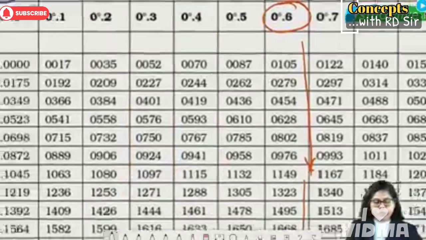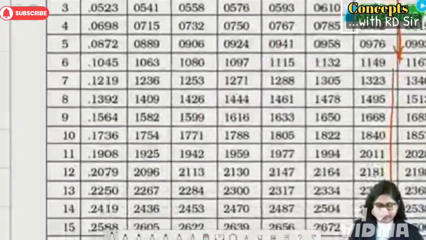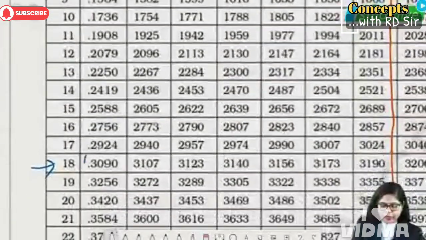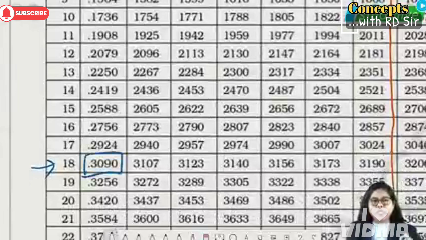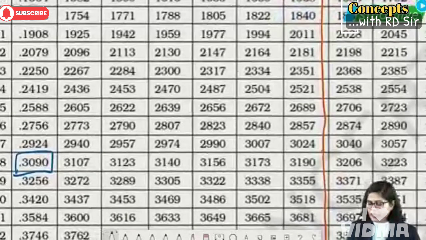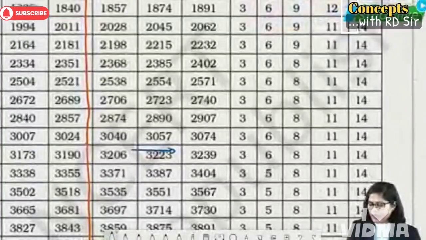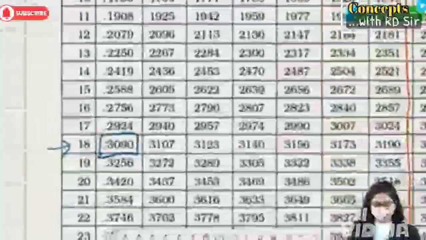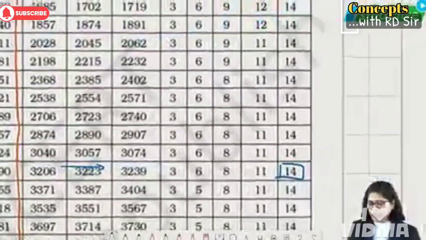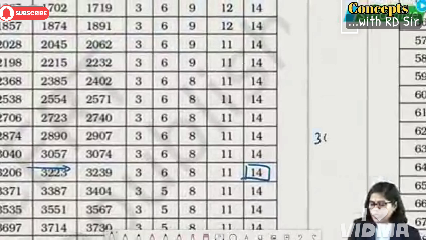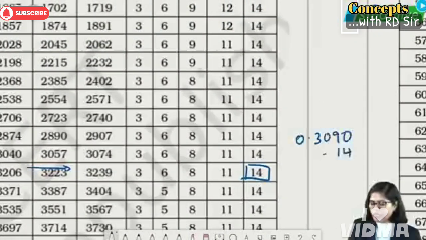So for 0 minutes students, just see the table part, 0 minutes, this is the number, that is 0.3090. So I am going to add, in this column I am going here, okay, 14. So I am going to add 14 to that. To what number? 3090 and 14. So 3090, 0 point, equal, and then 14. We will add this.